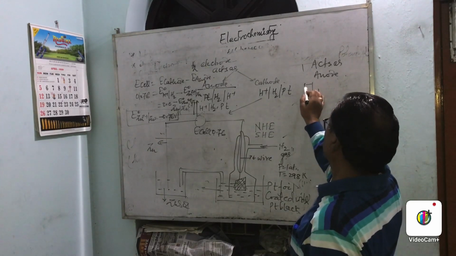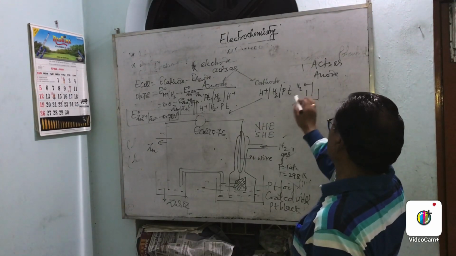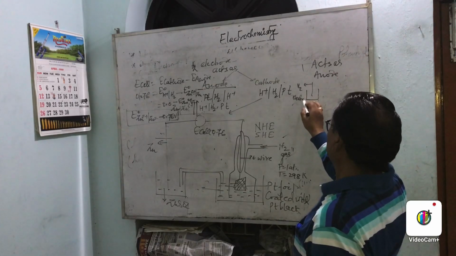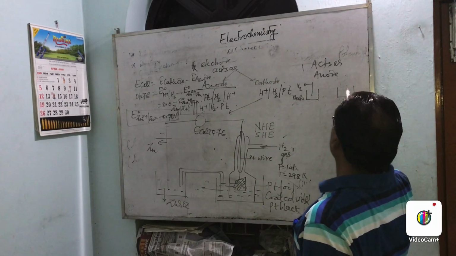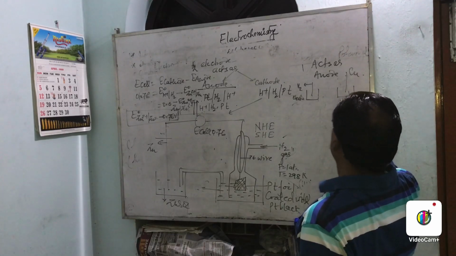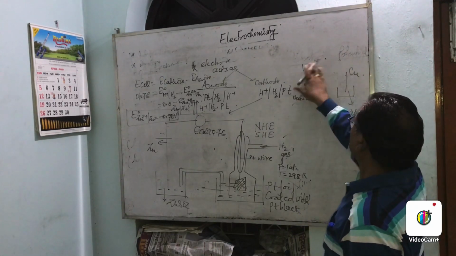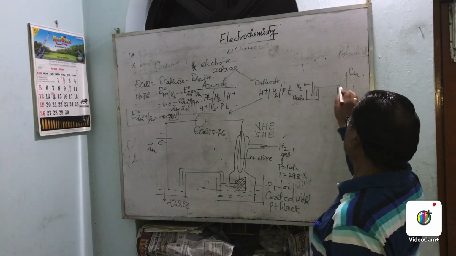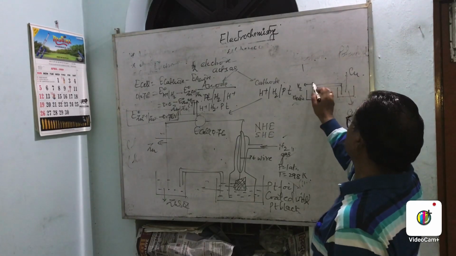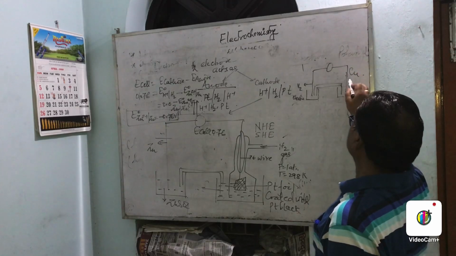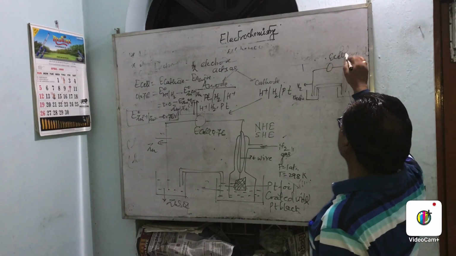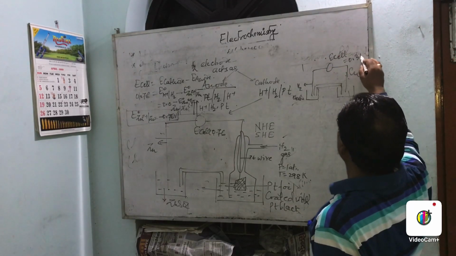This is the hydrogen electrode, H2 electrode, and there another, that is copper metal is there, and this is a copper sulfate solution. Now it is connected with a salt bridge. Now these two electrodes are connected with a voltmeter, and cell potential is measured and it comes to be 0.34 volt.